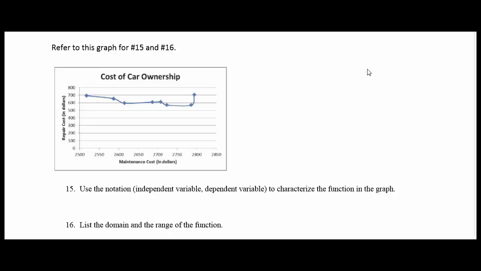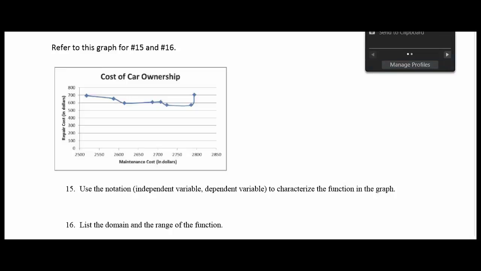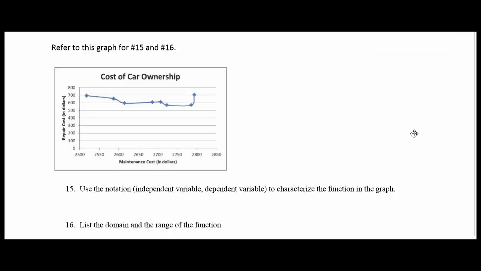All right, number 15 and 16 are referring to this lovely chart here. Number 15 says, use notation independent and dependent to characterize the function in this chart. In other words, read the descriptors of the chart and tell me what variables we're measuring here and what would be what.